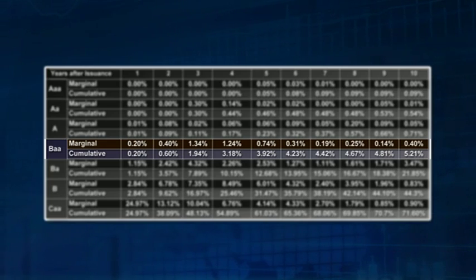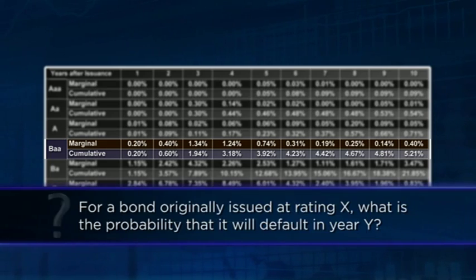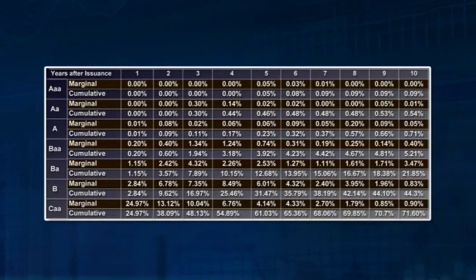The marginal probabilities obtained from a matrix are the answer to the following question. For a bond originally issued at rating X, what is the probability that it will default in year Y of its life? Not before, but in that year. For a given row corresponding to a given rating at issue, the entries in the table increase from left to right.